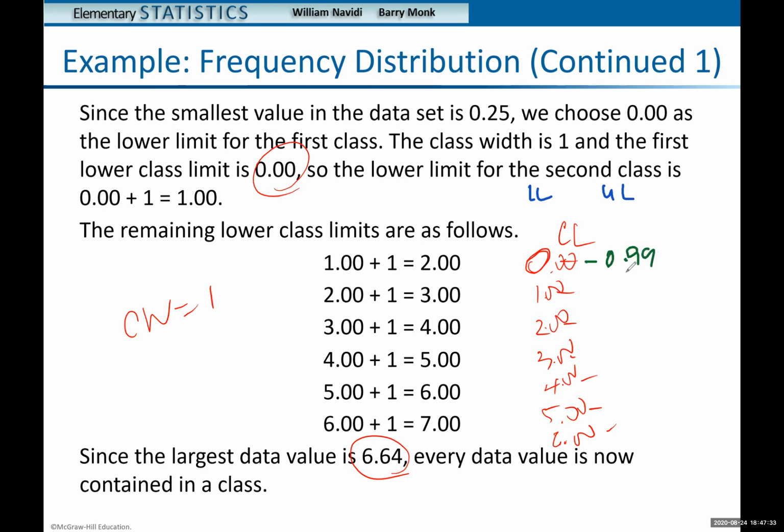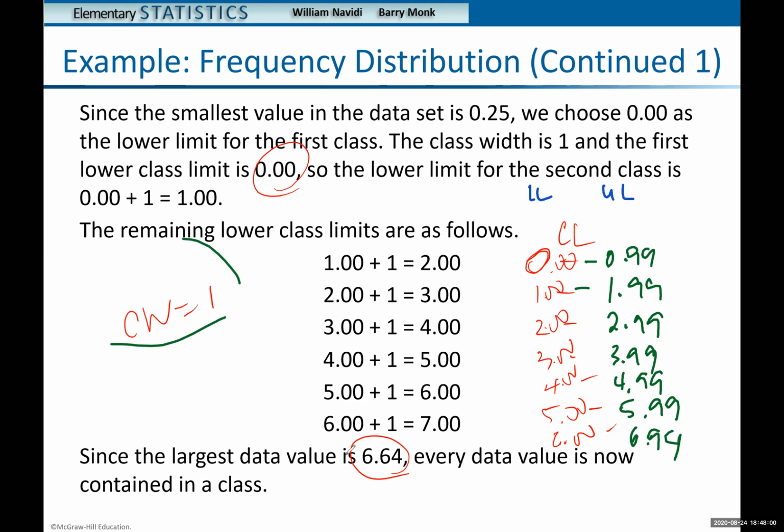Next one is 1.99. Or since you know the class width is 1, after you get the very first one, you just have to add 1. 0.99 plus 1 is 1.99, plus 1, plus 1, plus 1, plus 1, and plus 1.